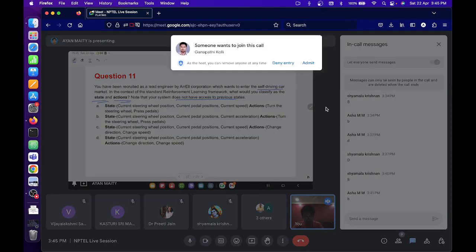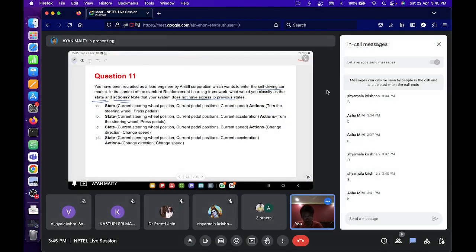Option A is a state should constitute current steering wheel position, current pedal position, current speed. An action should constitute turn the steering wheel and press pedals. Option B says states current steering wheel position, current pedal position, current acceleration, and actions should be turn the steering wheel and press pedals.